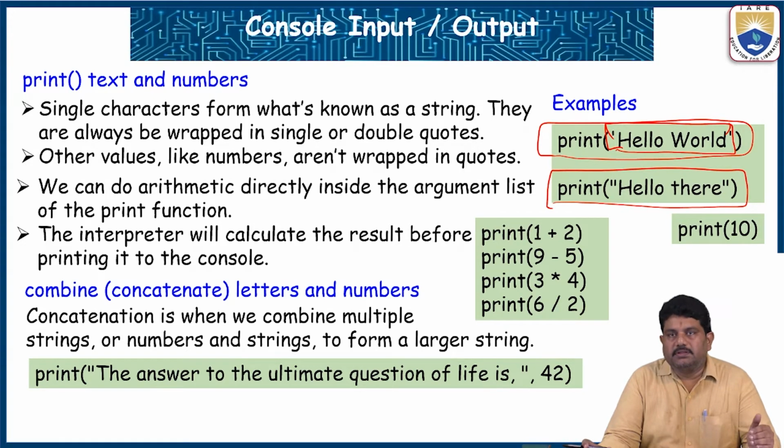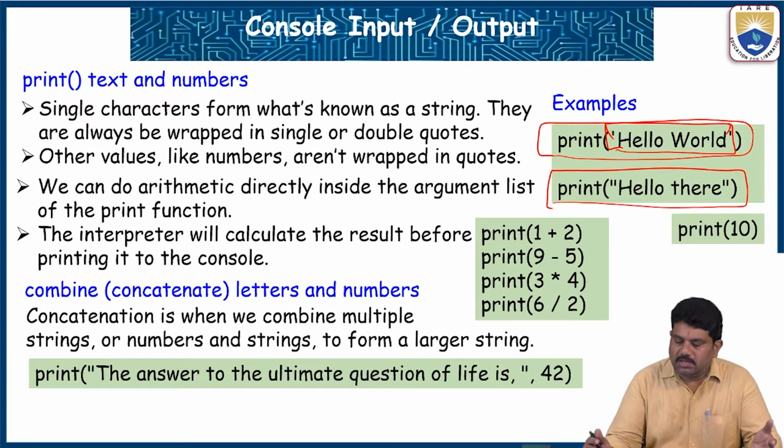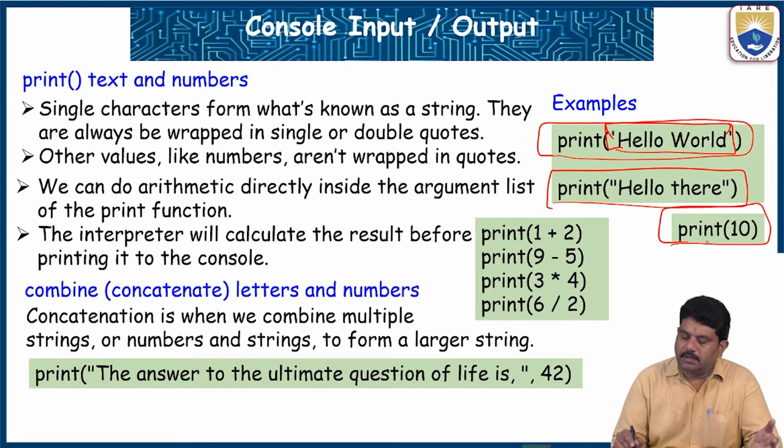You can enclose the string or sentence to be printed in either single quotes or double quotes. But in the case of numbers, you do not need to enclose them in any quotes. You can pass the numbers directly as parameters to the print function. See here, I am directly passing the number 10, print of 10.